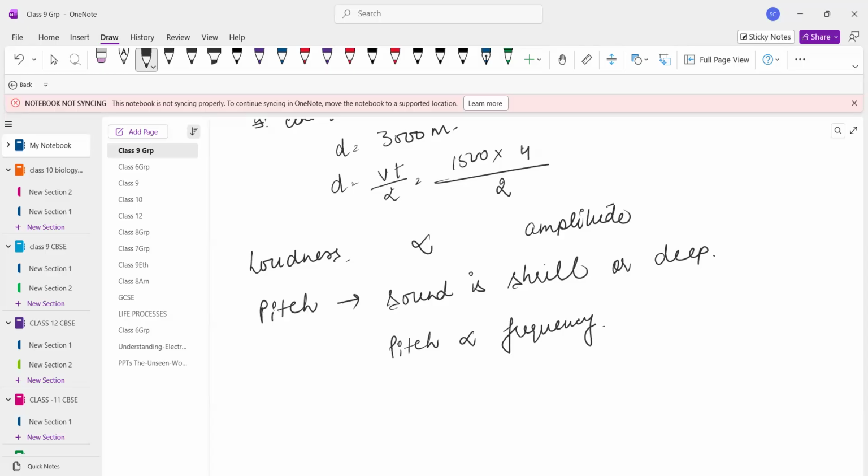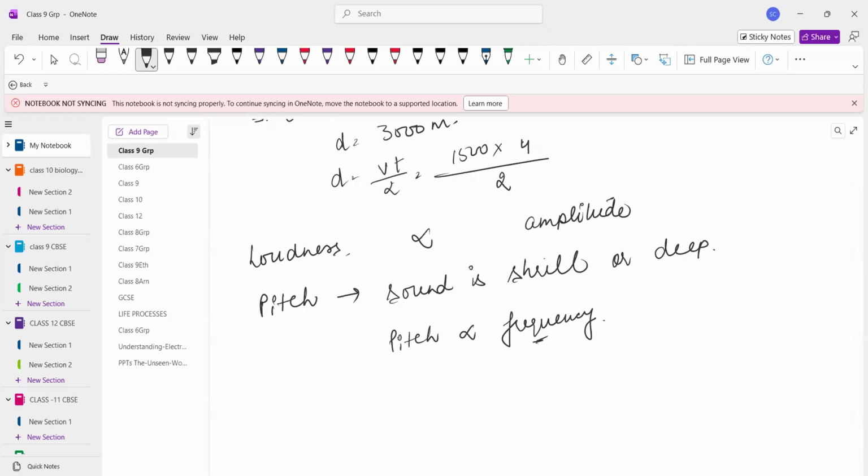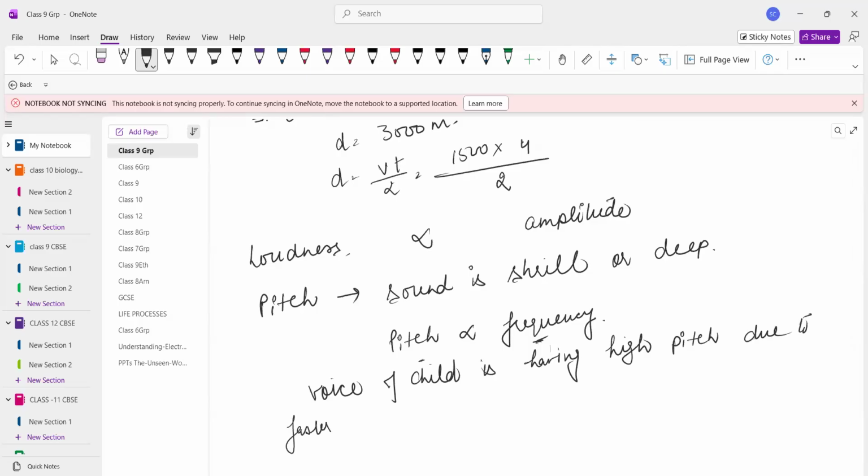A child has higher pitch than the adult. Why? Because the vocal cords of the child vibrate faster. Vocal cords vibrating faster means frequency will be more, and when frequency is more, pitch will be high. So the voice of a child has high pitch due to faster vibration in the vocal cords.